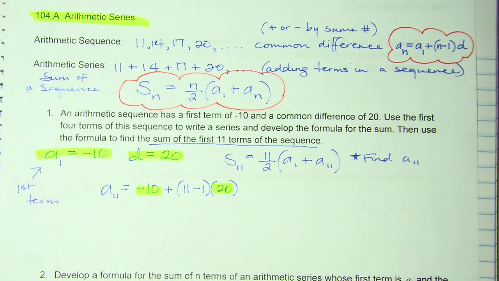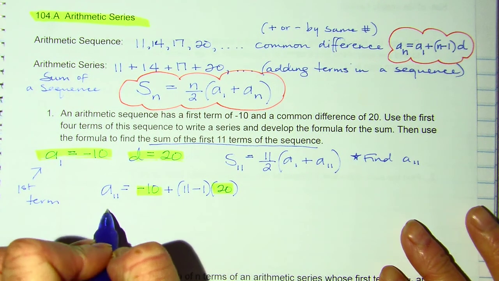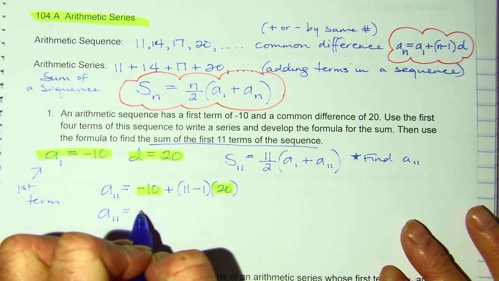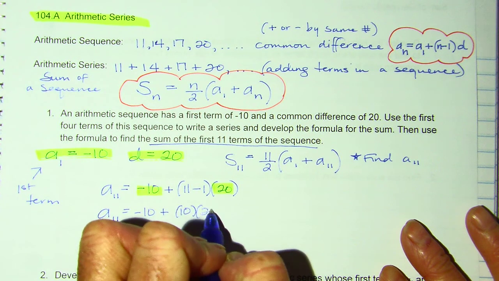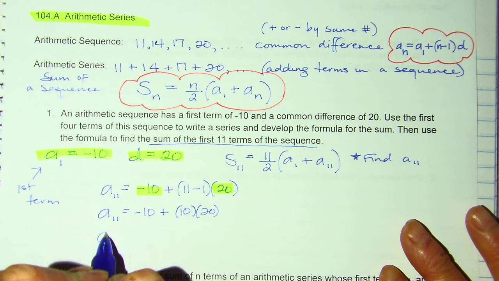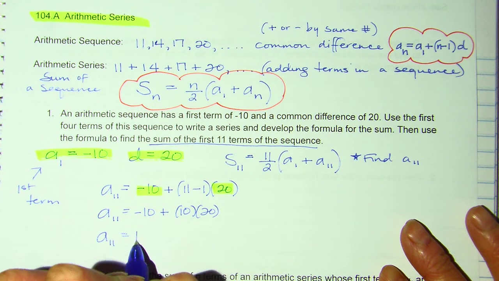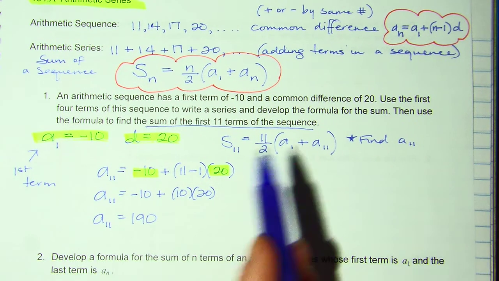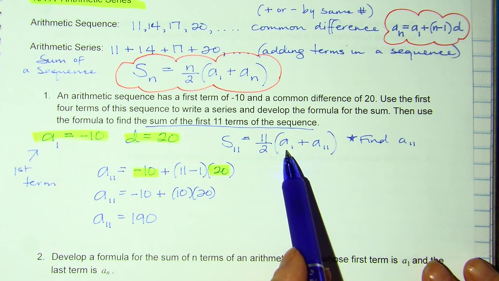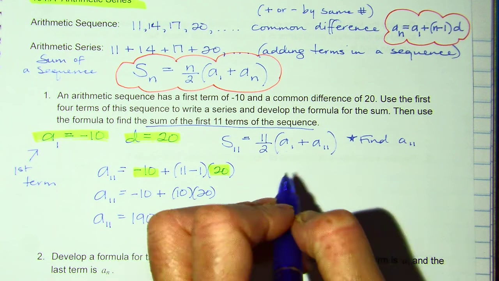If I simplify this, I get -10 plus 10 times 20. 10 times 20 is 200 minus 10, A11 equals 190.